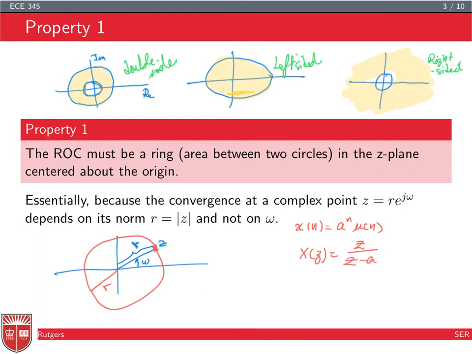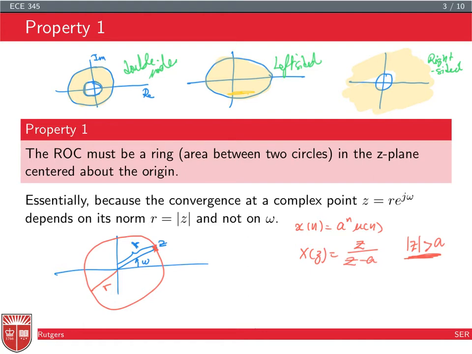The way we get this is by using the formula of the geometric series, and we know that we have to have the norm of z greater than a. So you can see that for this example, it's clear that the convergence only depends on the norm of z. This property is saying that it's not only for these types of signals, but for any type of signal, the convergence will only depend on the norm of z.